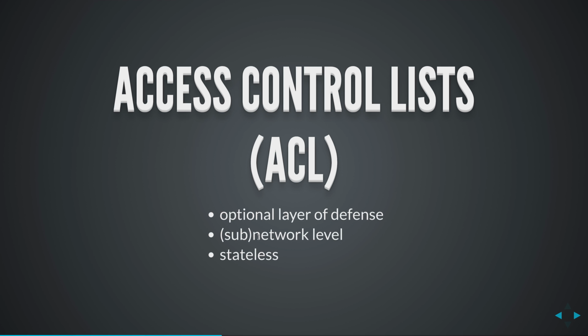So you need to address that in your rules, that you will allow return traffic for either outbound or inbound traffic. And it's not working on the instance level, but on the network, the subnetwork level. So you define access control lists for all instances on that particular subnet.